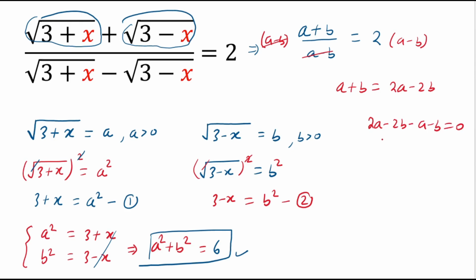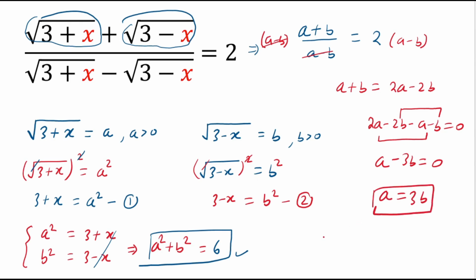Now if we combine like terms, 2a − a is a, and −2b − b is −3b, so a − 3b = 0. Now if we add 3b to both sides, then a = 3b.